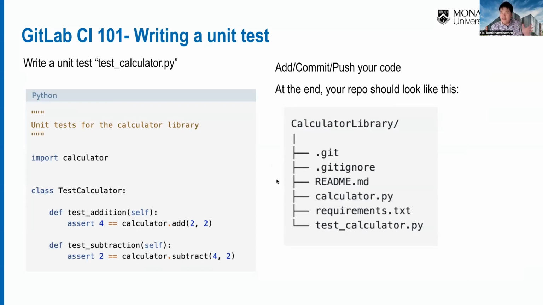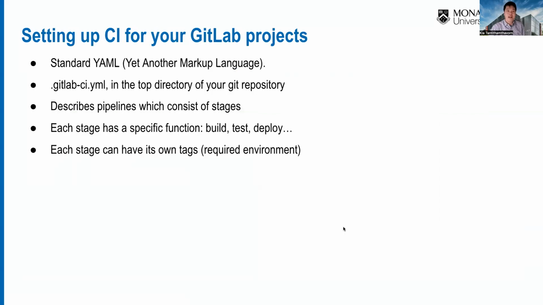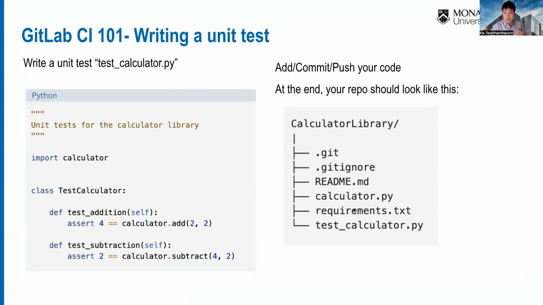In the repository, this is how the code looks like. You may have this kind of file, .gitignore, README.md, markdown, calculator.py, requirements.txt, and the test file, test_calculator.py. And then you add, commit, and push your code to the main repository, right?